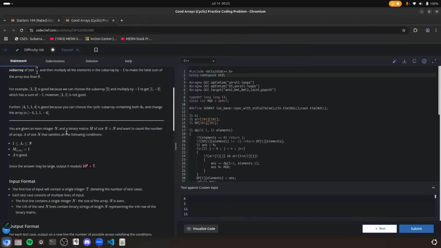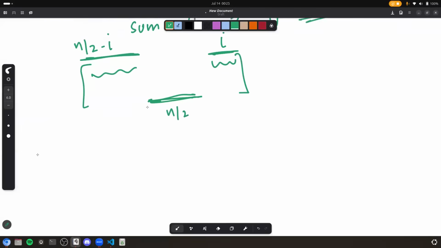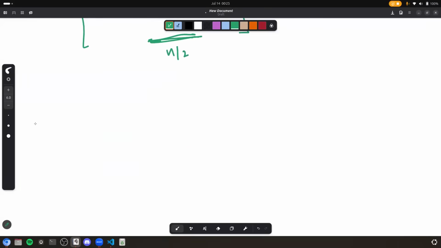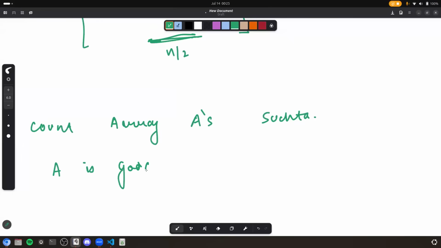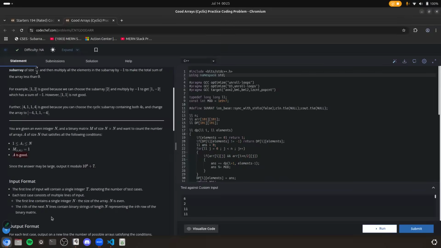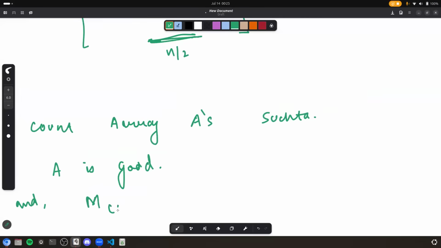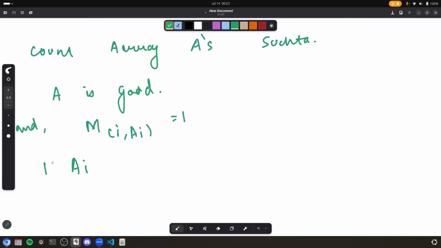We are now also given a binary matrix M, and we need to count the number of arrays A such that M of i, A_i is 1. So basically, we need to count arrays A such that A is a good array, M of i, A_i is 1, and A_i is from 1 to n.